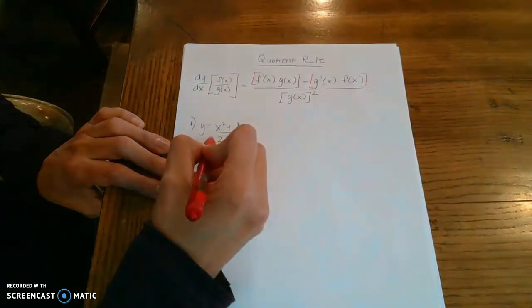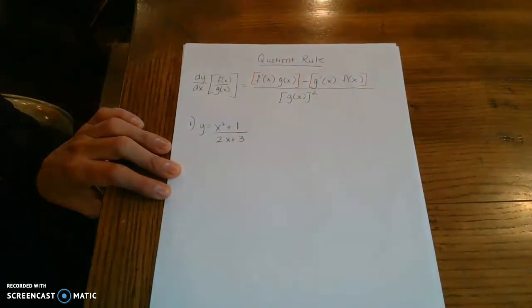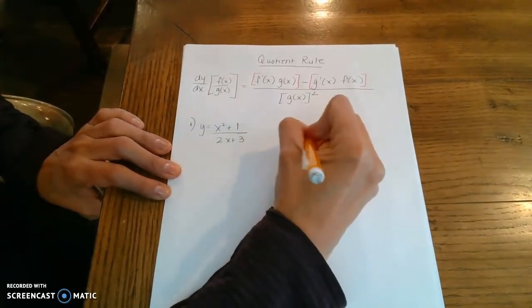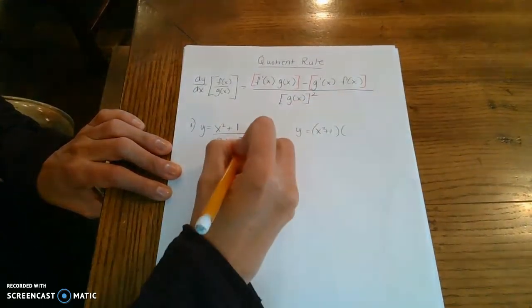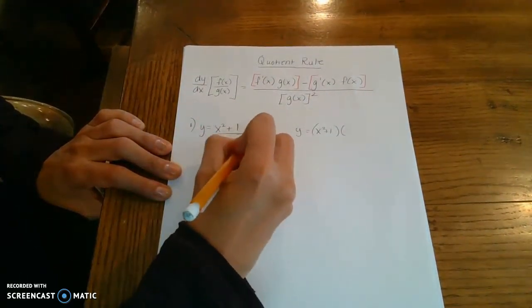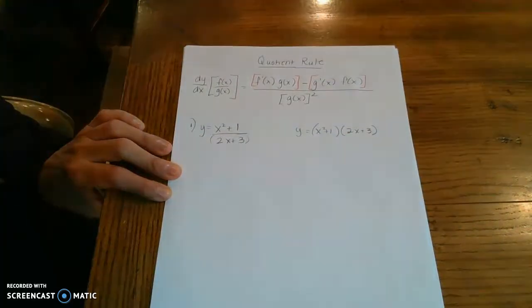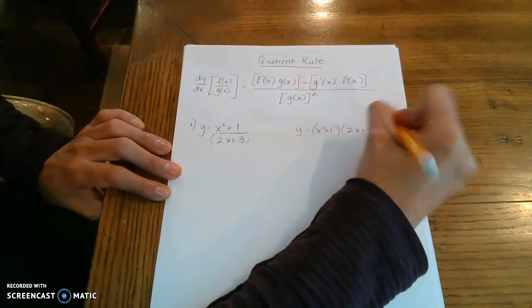So if you were given this yesterday before you learned the quotient rule, you might have said, oh, I'm going to rewrite this as y equals x squared plus 1, and then you could have brought up this bottom. And when you bring up any term, we have to use a negative exponent, and now I would have this.